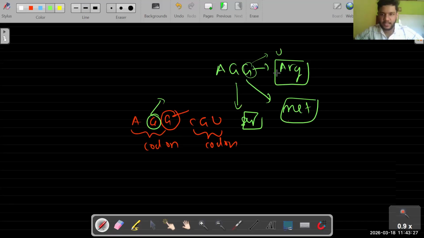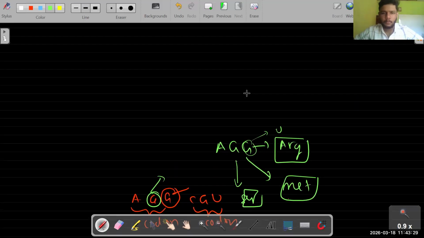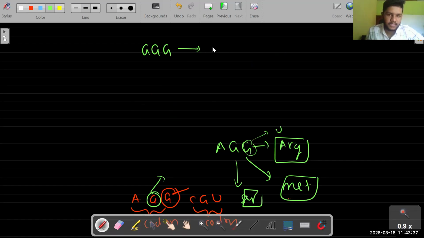Right. Now, if you see here, most of the time, right? GGG. GGG means what is the amino acid I get? Okay, GLY. Now I'm replacing this GGG with a C, which means GGC.